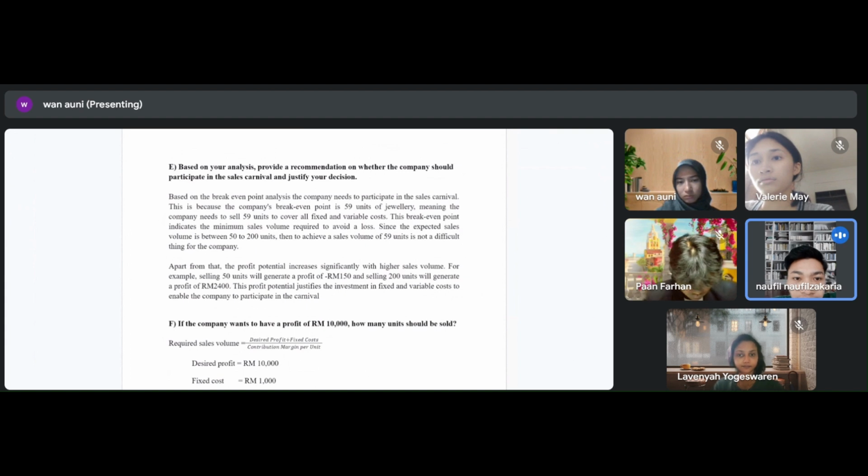For example, selling 50 units will generate a profit of negative RM150 and selling 200 units will generate a profit of RM2,400. This profit potential justifies the investment in fixed and variable costs, enabling the company to participate in the carnival.